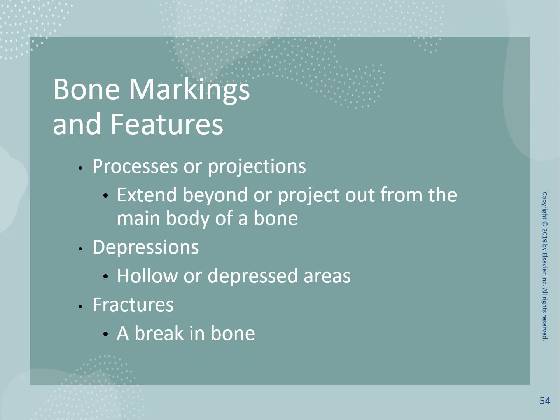Bone markings and features. So we're going to talk about processes and projections, little lumps and bumps on the bones that are identifying landmarks and identifying structures. Now, in procedures class, you will cover the skeletal system, but you won't cover all the bony landmarks.